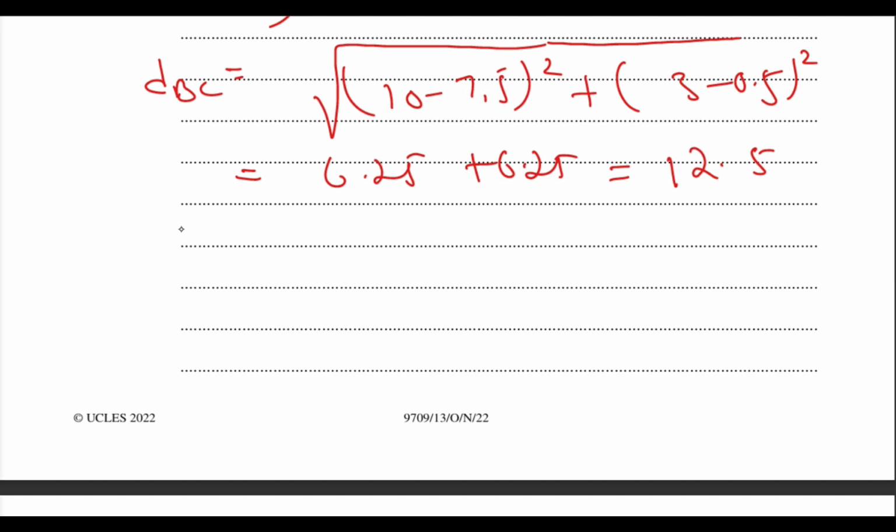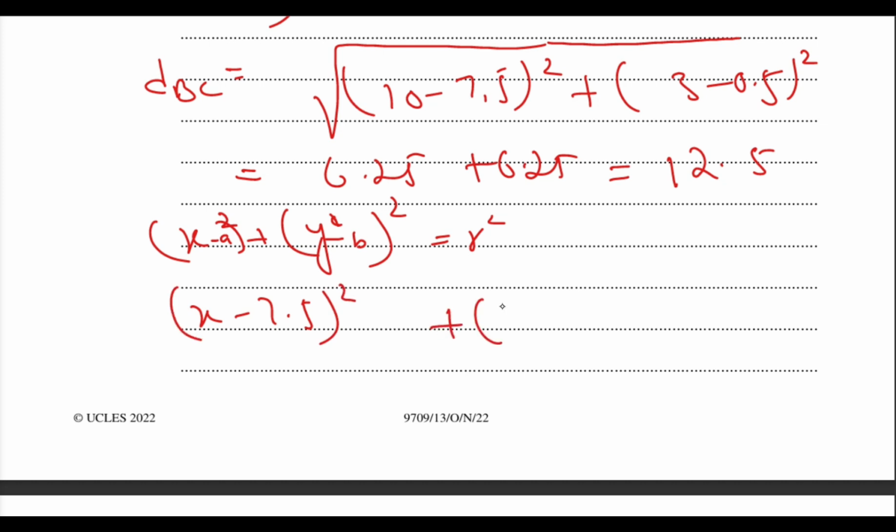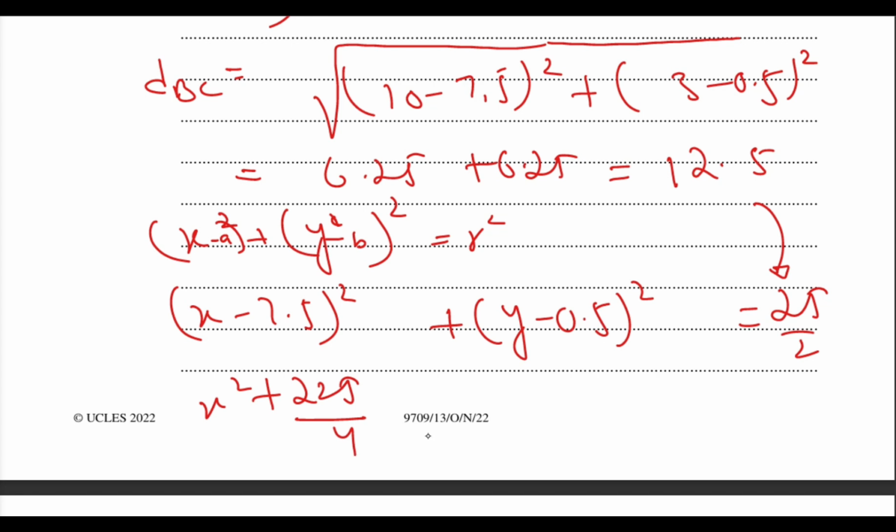Now using the equation of the circle, (x minus a) square plus (y minus b) square equals r square, we will have (x minus 7.5) square plus (y minus 0.5) square equals 25 by 2. 12.5 can be represented as 25 by 2. So now it will be x square plus 225 over 4 minus 15x plus y square plus 1 over 4 minus y is equal to 25 by 2.